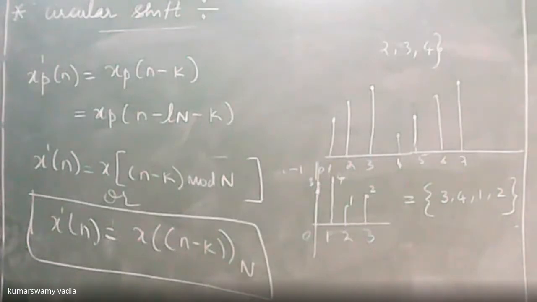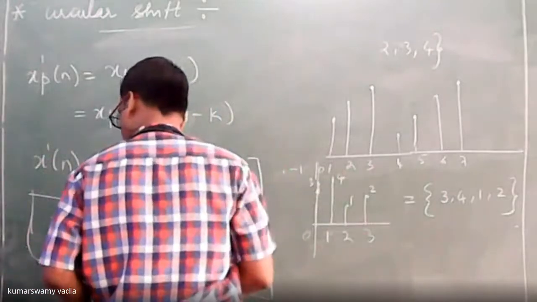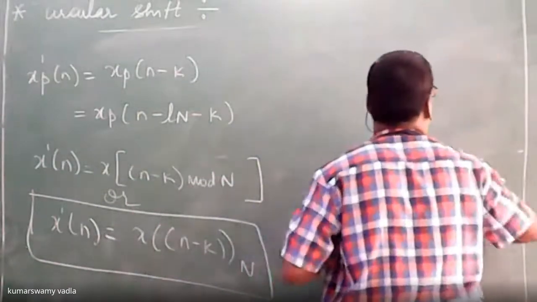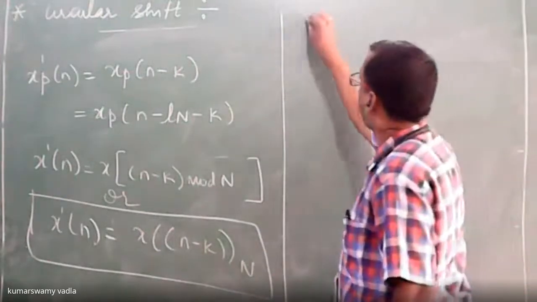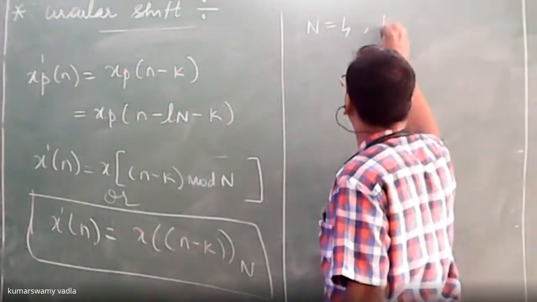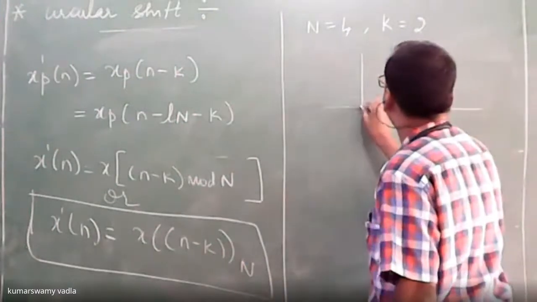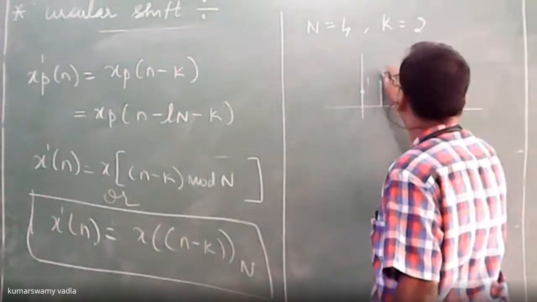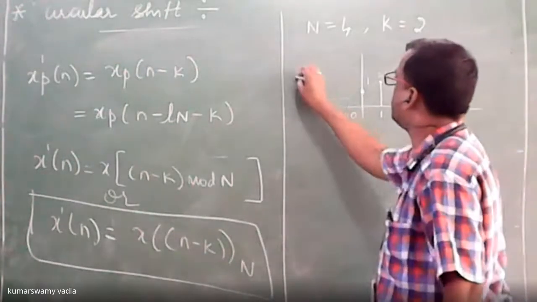Next, the above expression is illustrated by considering capital N equal to 4, k equal to 2. Then with this sequence 1, 2, 3, 4, time axis 0, 1, 2, 3, this is your x of n.